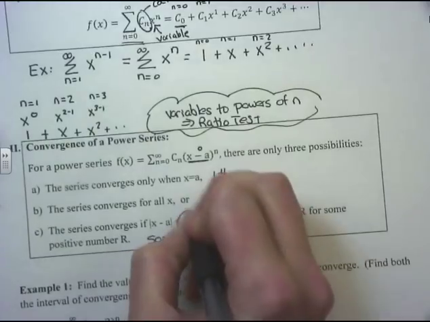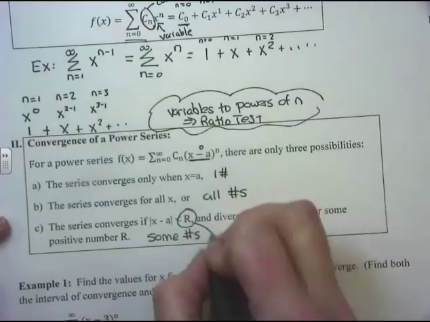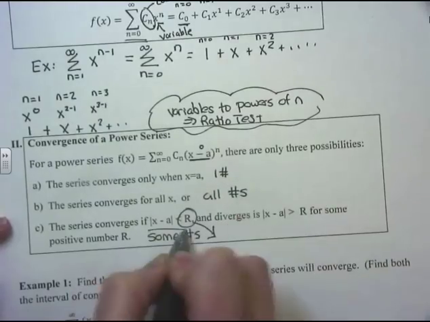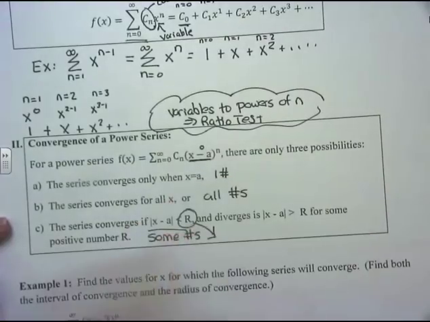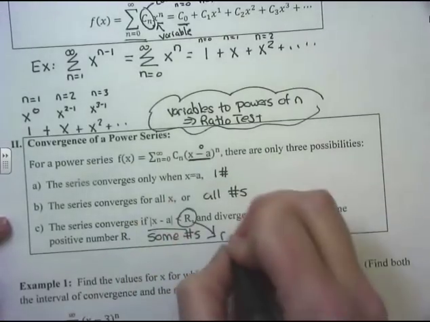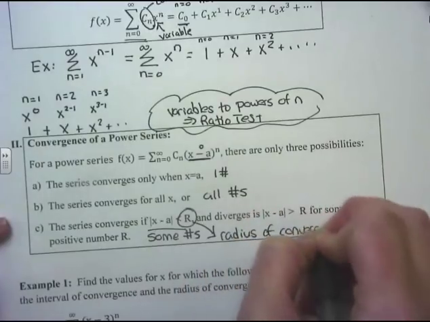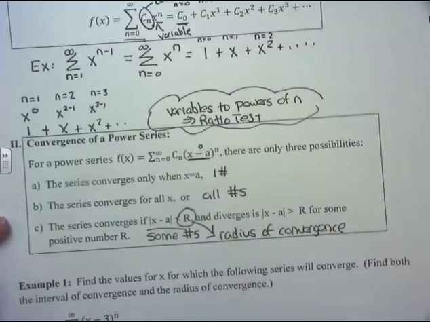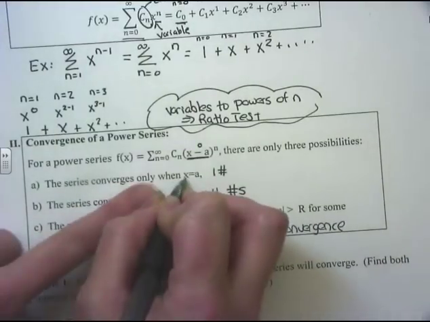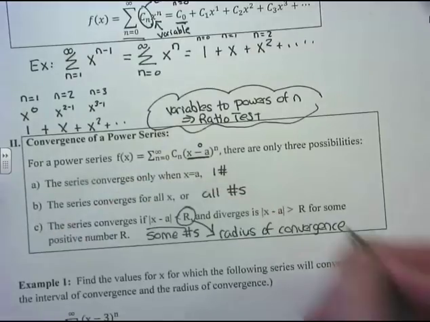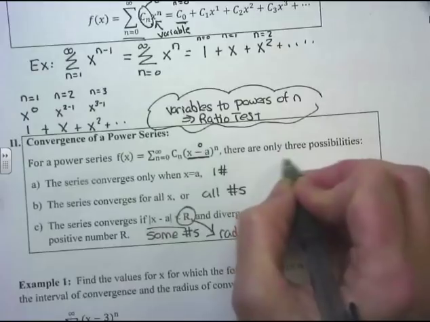Now, if the series converges, then if I have the absolute value of x minus a less than some number, that number is called your radius of convergence. Examples: if your series converges for one particular value, then it does not converge for anything outside of that value.